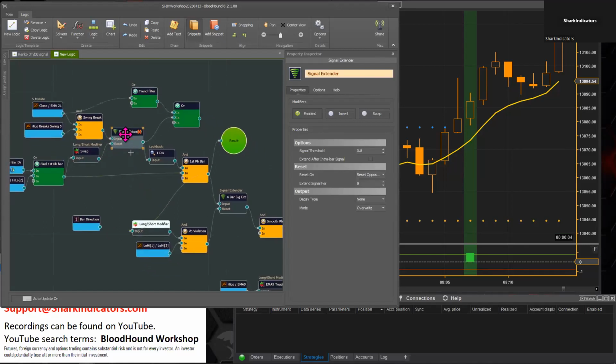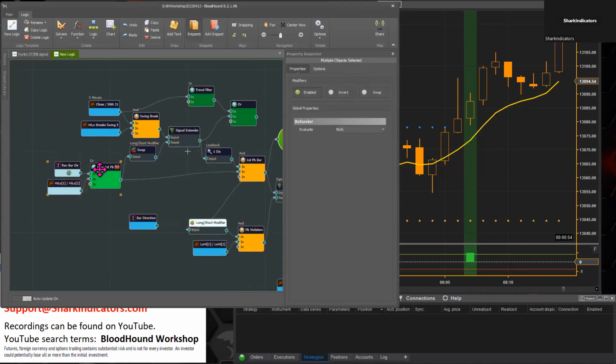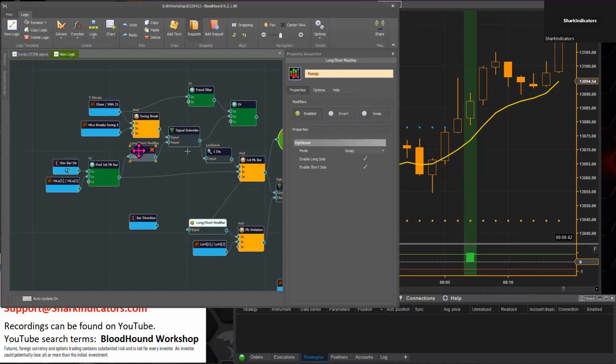So this signal extender and this signal extender are using signals in the opposite direction. Since this is generating an output in the direction of the trade signal, I had to swap or reverse it so that I could use it to turn off the signal extender.